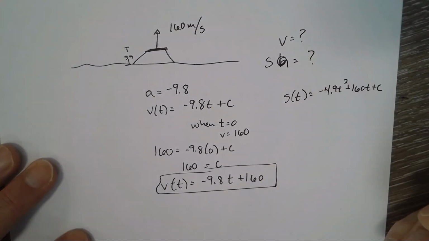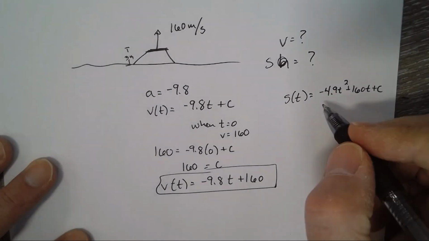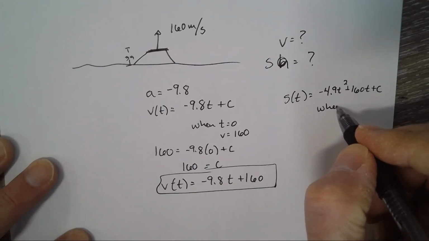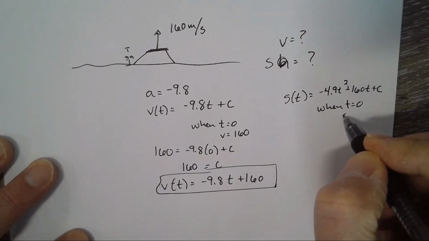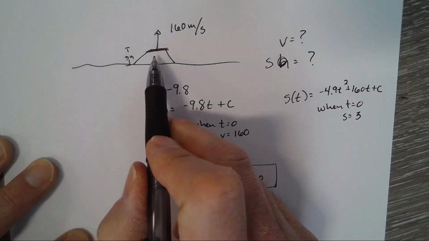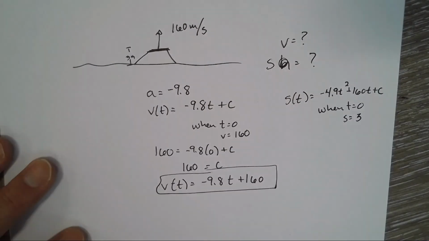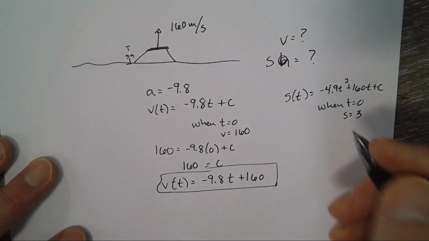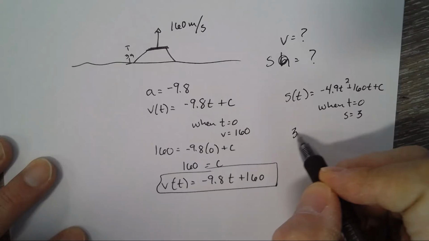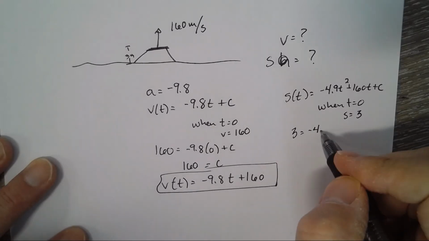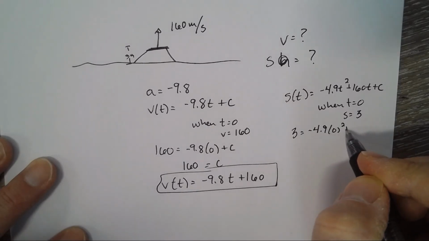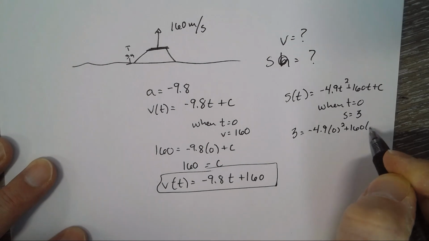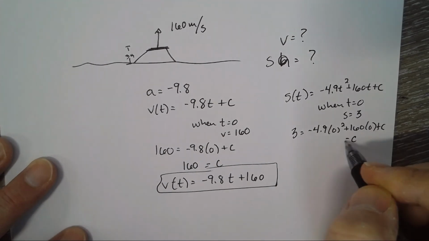And again, we need to know one initial value, and we know when time is 0, our position is 3, because the heavy projectile was 3 meters off the ground. So our position is 3, our time is 0, so c equals 3.